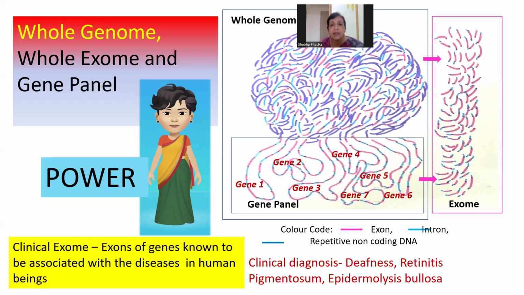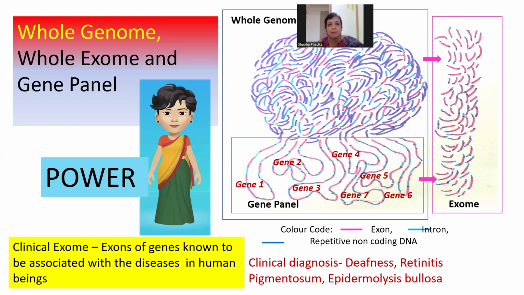You cannot get any clue from examining the patient, and the causative gene may be anywhere in the 15,000 genes. So exome sequencing is a very powerful technique for all clinical geneticists, and it can give a diagnosis in many of those cases. So how to interpret those results?